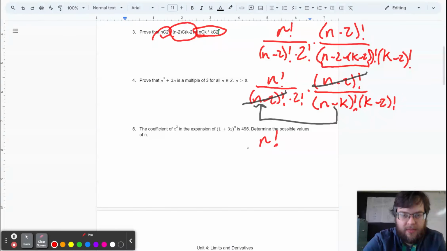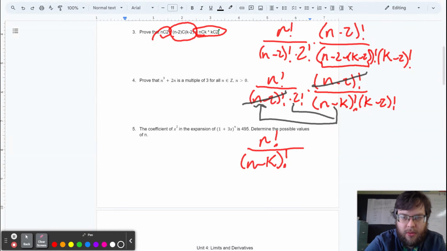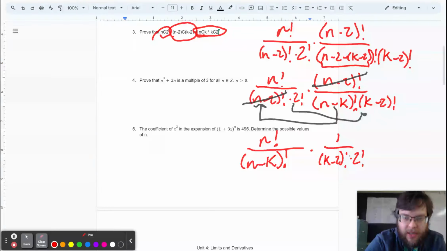We've got n factorial over n minus k factorial. I'm going to move the 2 over here because it looks like it fits with the other piece a little bit better. And over on the second fraction, I have 1 over k minus 2 factorial times 2 factorial.